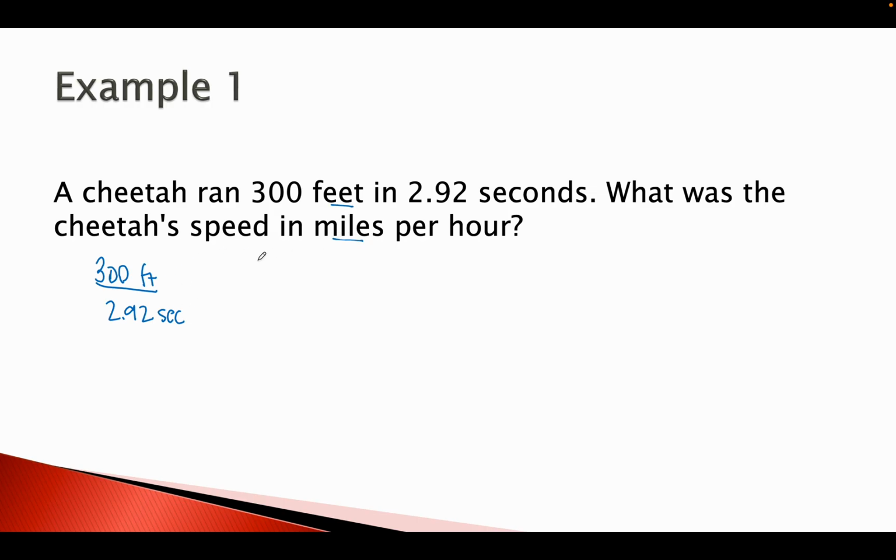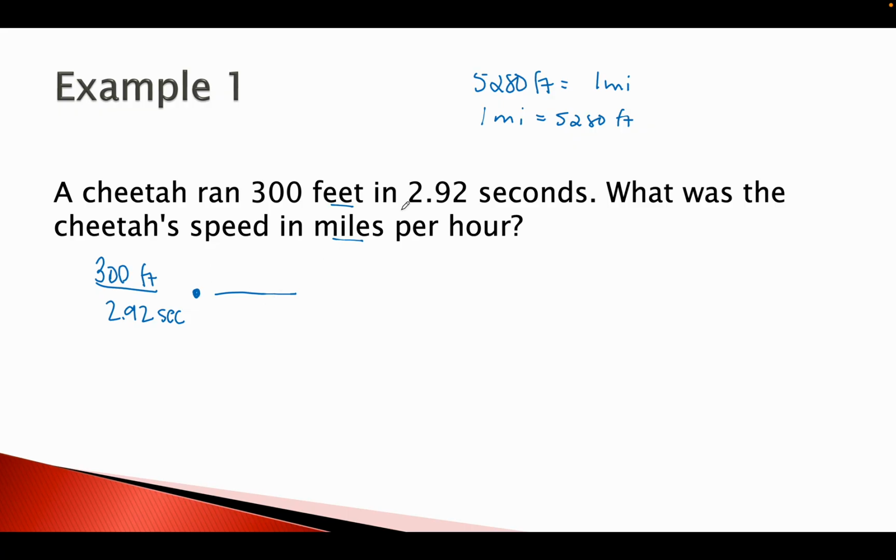In order to do that, we need to know how many feet there are in a mile. There are 5,280 feet in 1 mile. We might write it that way with 5,280 over 1, or we might reverse it and write 1 mile equals 5,280 feet. They are both the same equivalence. We are going to multiply the rate we started with by the conversion rate.